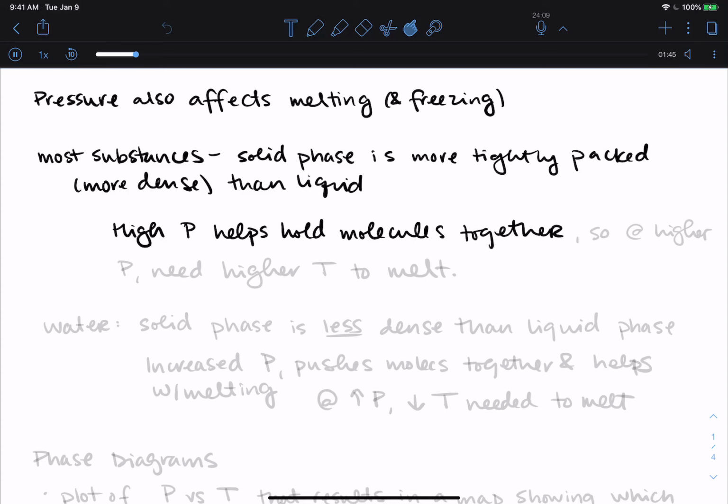So if you wanted to melt this, you would not only have to overcome the intermolecular forces, you would also have to overcome the pressure that is trying to push these molecules together. So at higher pressure, you need a higher temperature to melt.